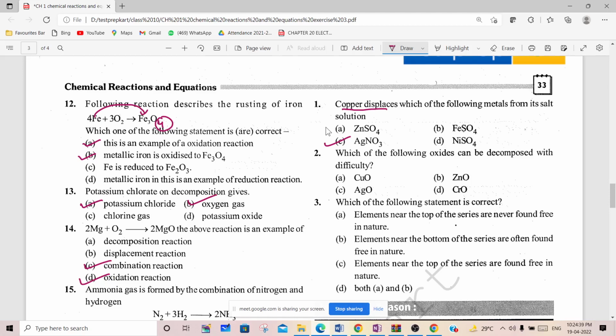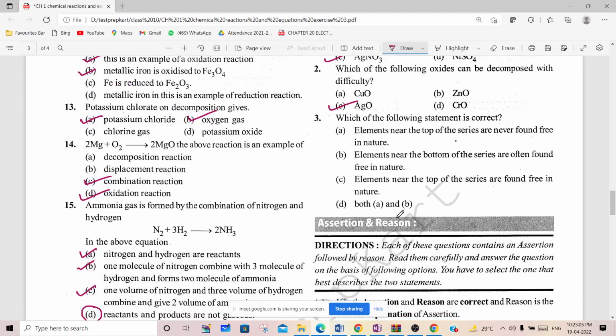Yes, sir. It will be option C. Which of the following statements is correct?